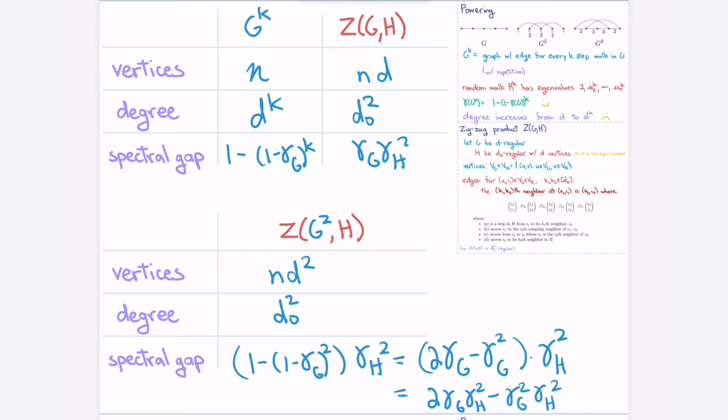It's ultimately like a product graph. At any time you have one vertex in each in the zigzag product, but the transitions are a little bit funky. The zigzag represents some graph with vertices and edges, but a vertex in that zigzag product is really one vertex in the original graph and one vertex in H, and then they move jointly.